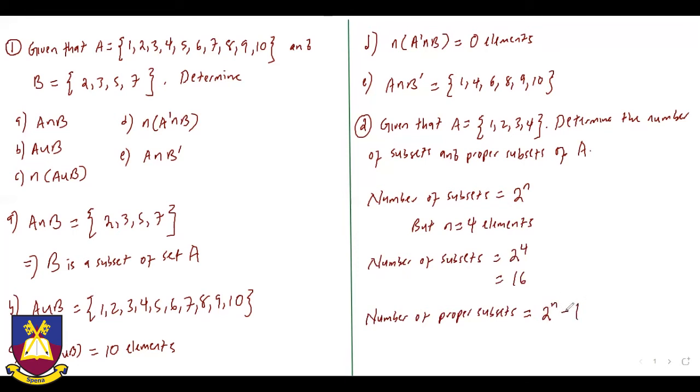Don't write the minus 1 as a power also. It's just 2 power n, then minus 1. 2 power 4, since the number of elements is 4, minus 1, this is 16 minus 1, which is 15. Example number 3.